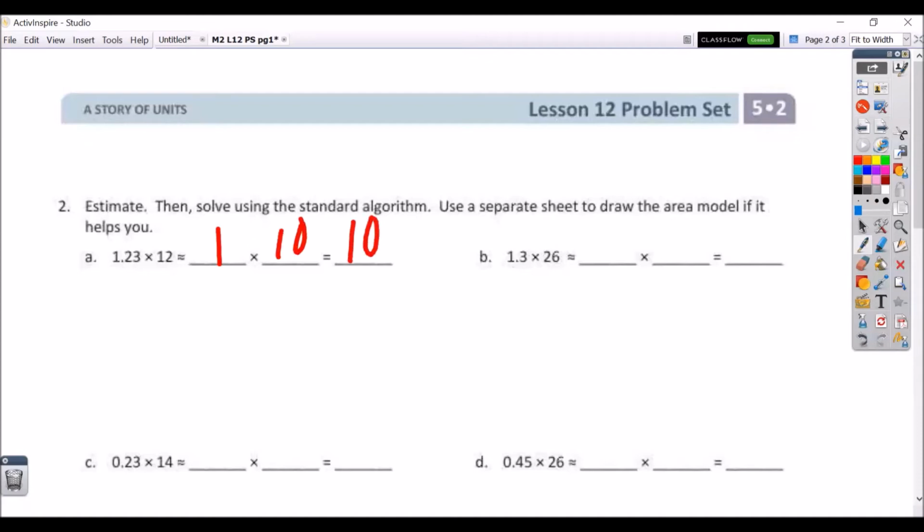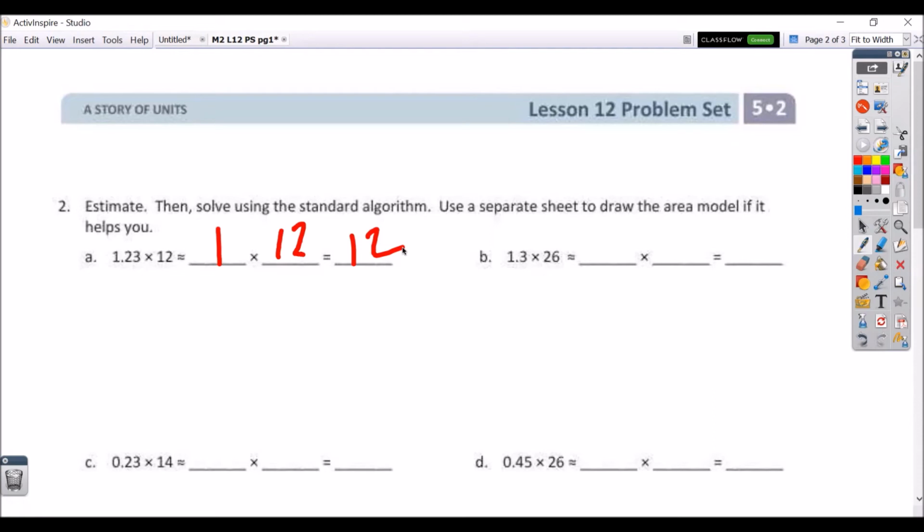Now we rounded down by both of those, so our answer is actually going to be higher than that. But because our first factor is 1, we probably could keep the second factor as exactly 12 because we know 1 times anything is itself, so that makes it really easy to work with. So that will allow us to be a little bit more accurate with our estimate.